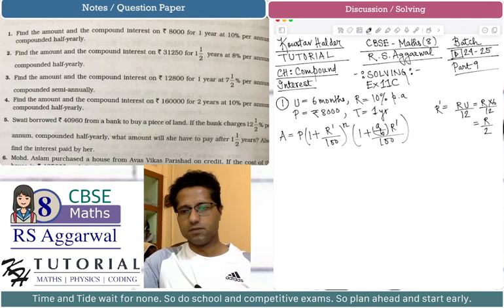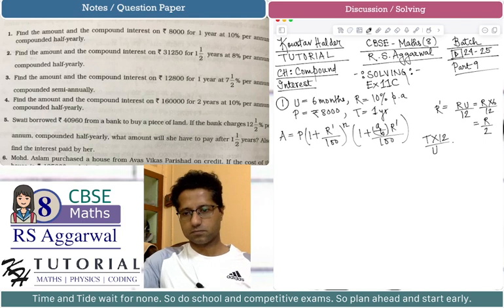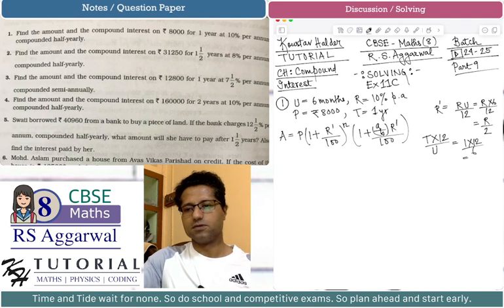It comes from the value of T multiplied by 12 divided by U, where T is in years and U is in months. T is given to be 1 year, so 1 multiplied by 12 divided by 6 is 2. Now, what will be small n and the fraction a by b?